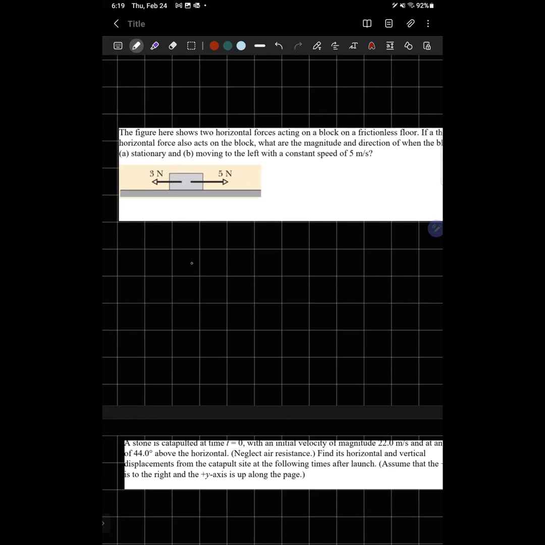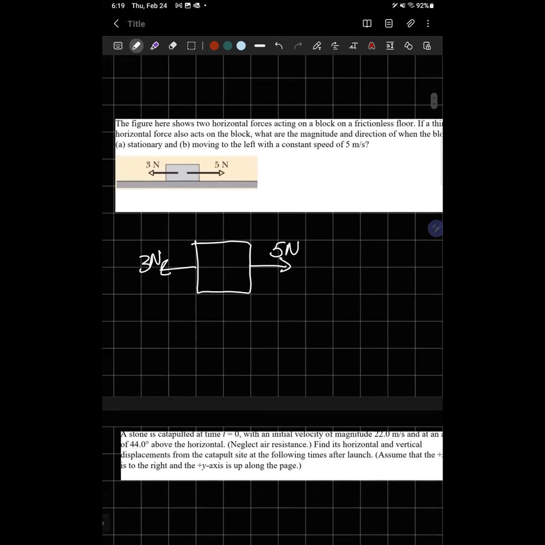So I have some block. Already says 5N and 3N. And then I have some force that's either, wait, does it say what direction? No, I have to determine that. So I have some direction that's going either to the left or the right at some magnitude.